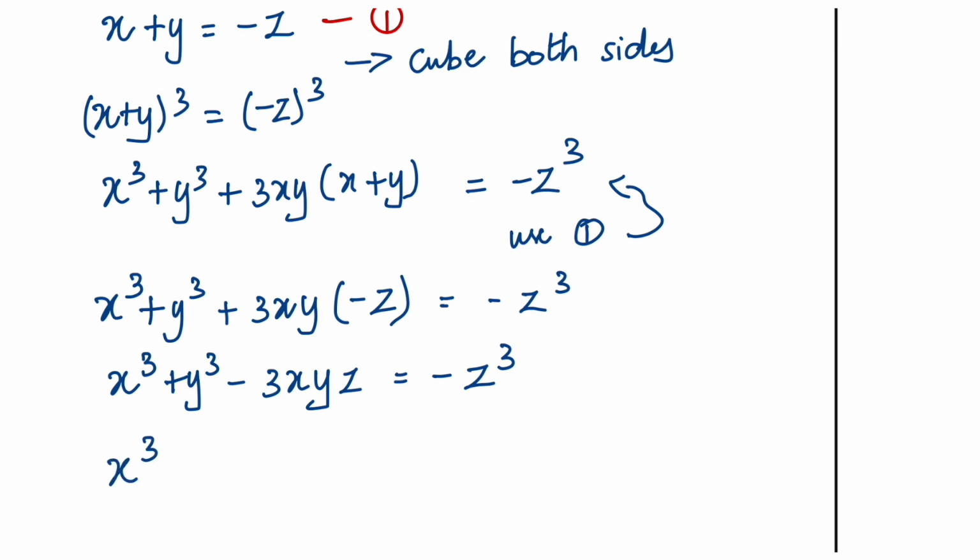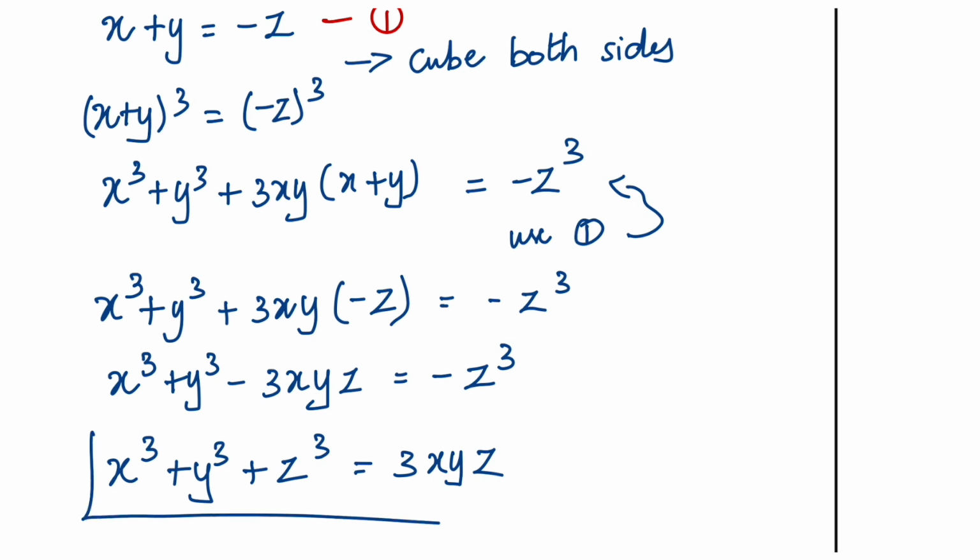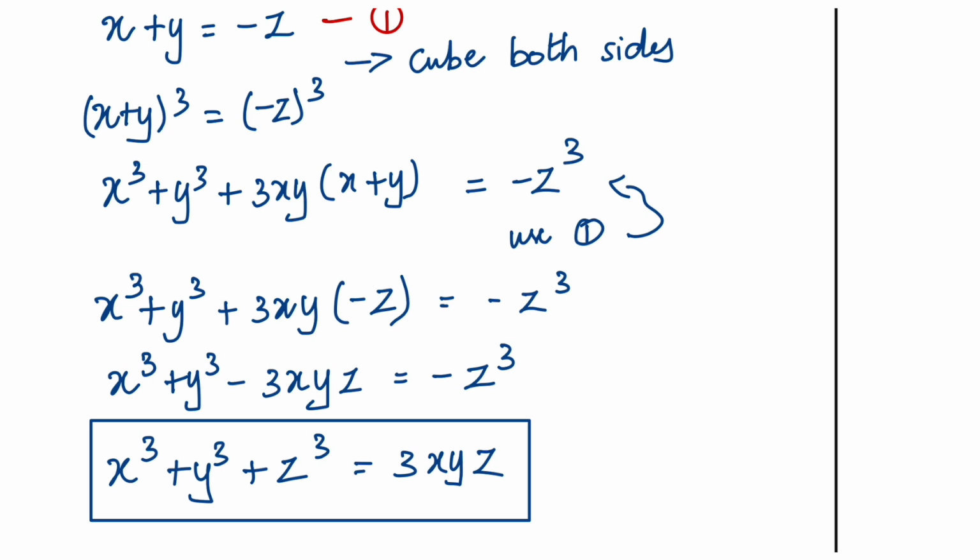So what does that leave you with? x cube plus y cube plus z cube, that is equal to 3xyz. Okay, so you have proved that if x plus y plus z is equal to 0, then you can say that x cube plus y cube plus z cube is equal to 3xyz.